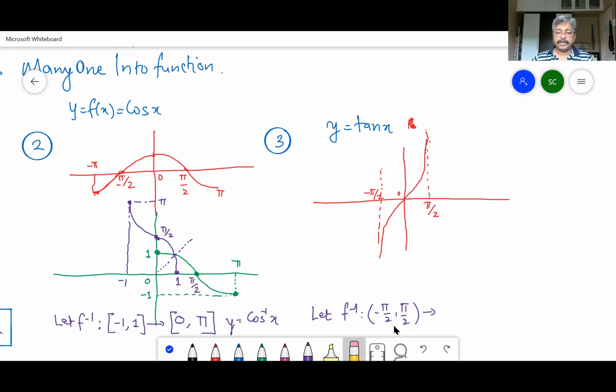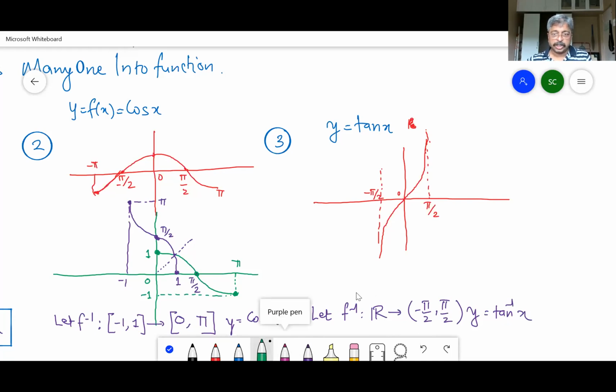Sorry, that will become the range, from R to minus pi by 2 to pi by 2, for y is equal to tan inverse x. Okay, so to sketch it very quickly, it is easy.